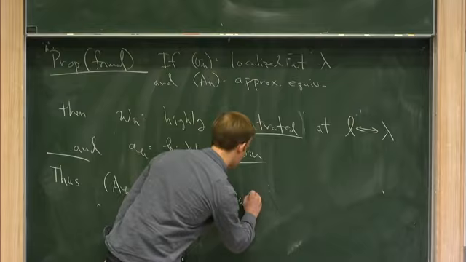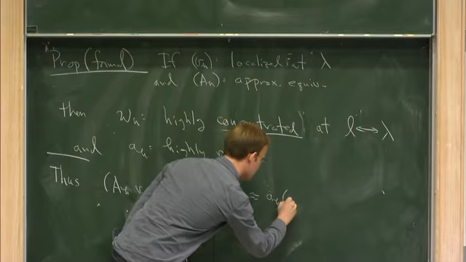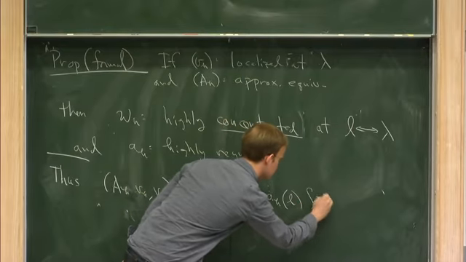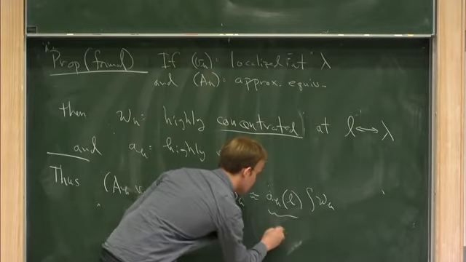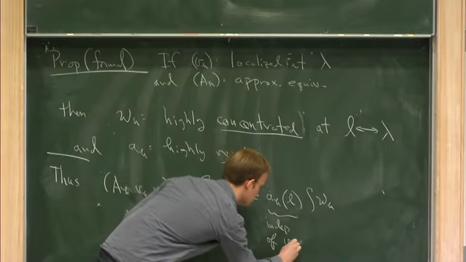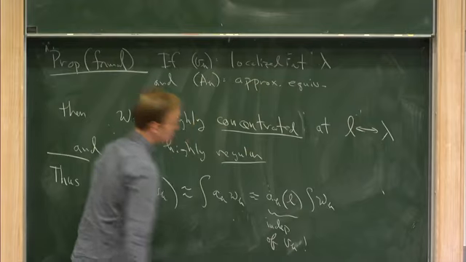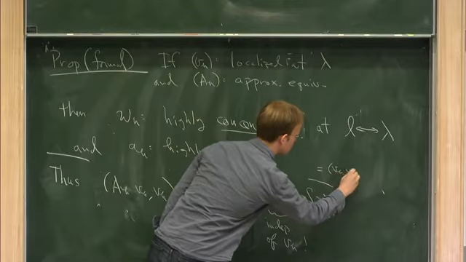So you can replace this by just a_H at the point where we're concentrated, times the integral. And the assertion then is that this is independent of the sequence V_H, whereas this quantity here is just the L^p norm of V_H.